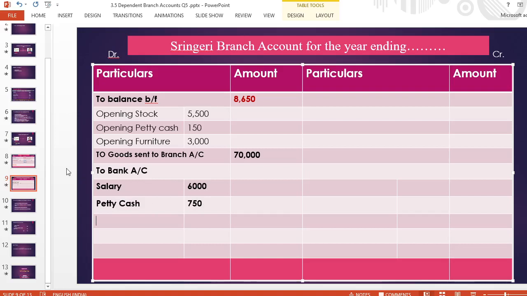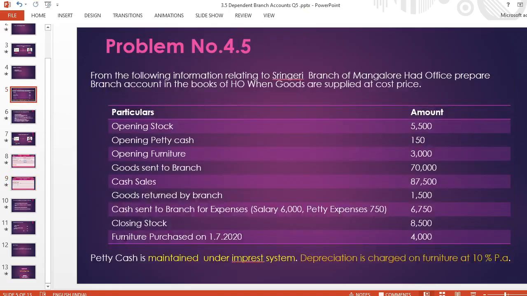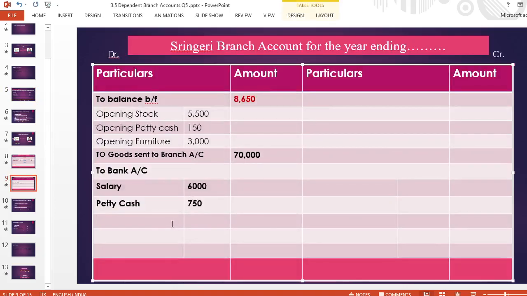And we have one more aspect in the problem. Furniture purchased on 1/7/2020. You should think of who will pay this 4,000 rupees. Definitely it's an independent branch, so the head office has to pay for this furniture. Furniture was purchased in the middle of the year, so for this furniture purchase, the head office has to make the payment.